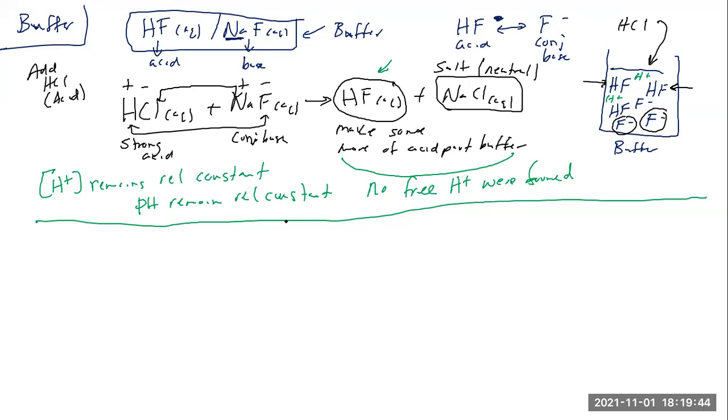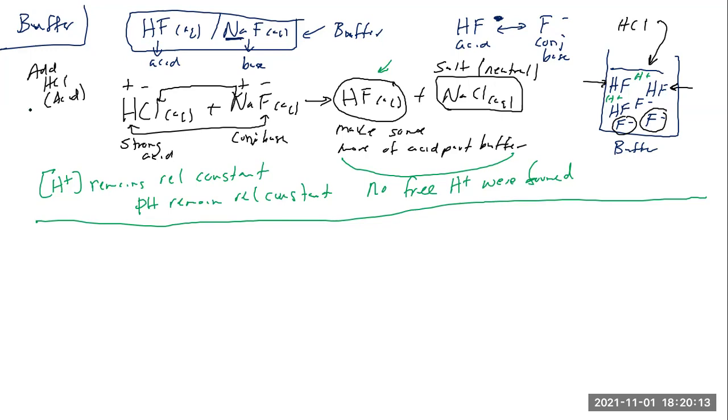I say relatively constant because if you actually put a pH meter in a buffer solution and you add acid to it, you would see the pH go down, but it won't go down by giant amounts. So maybe we started at a pH of 6, maybe it goes down to a pH of 5.8 or 5.9, but it won't go from like a pH of 6 all the way down to like a pH of 1. Any questions on that there?